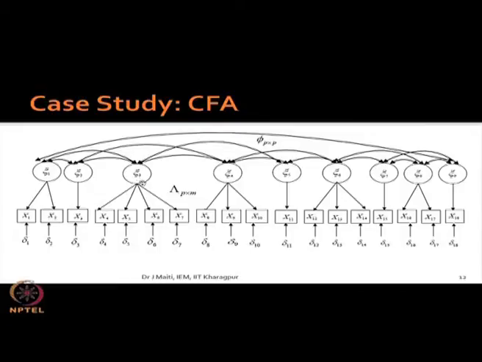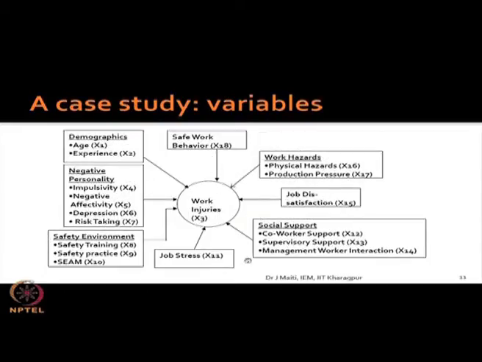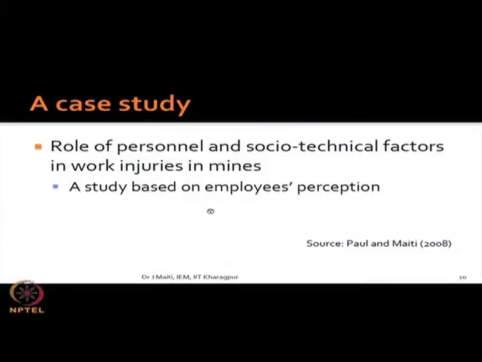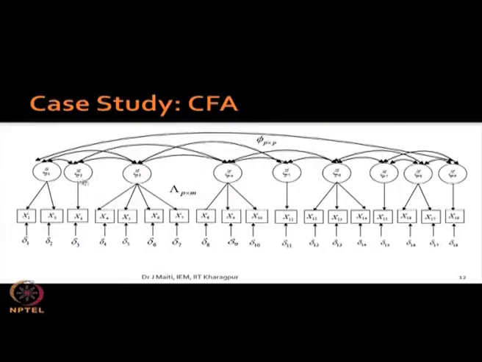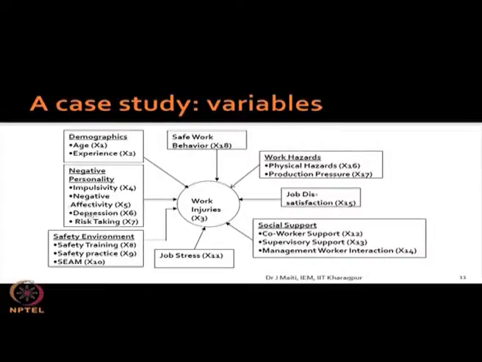X 3 is work injury, we kept it as it is. Xi 3 is negative personality, then xi 4 is safety environment, xi 5 is job stress, xi 6 is social support, xi 7 is job dissatisfaction, xi 8 is work hazard, xi 9 is safe work behavior. So, these are all latent variables in this sense.